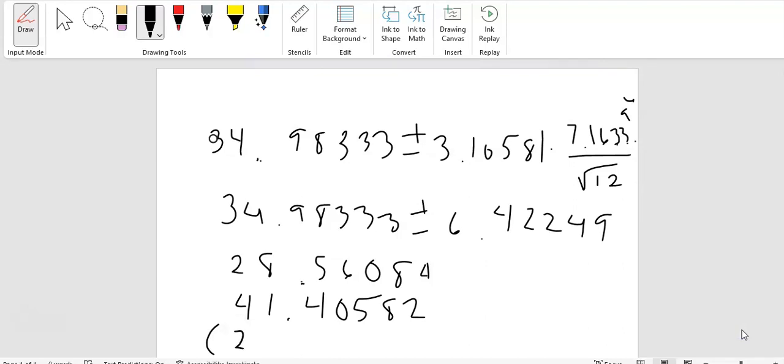And in an interval, we always want to put the smaller number first. Very important. So we'll put 28.56 since we want it accurate to 2 decimal places, and 41.41. And that is going to be our confidence interval for this particular situation. So hopefully that will help you get through these problems.